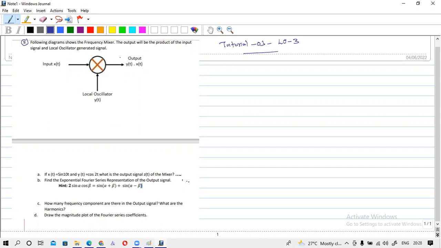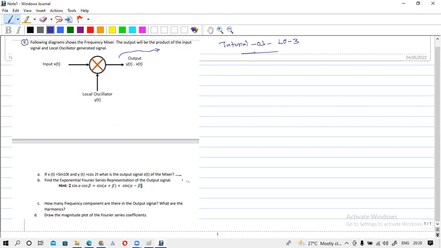These are some practical components we can come across in our day-to-day engineering life. So this is a mixer.